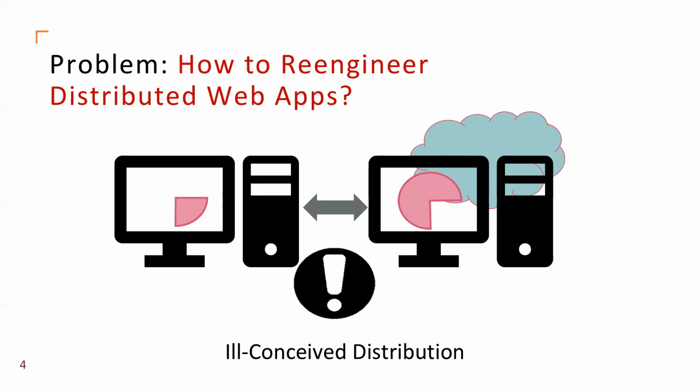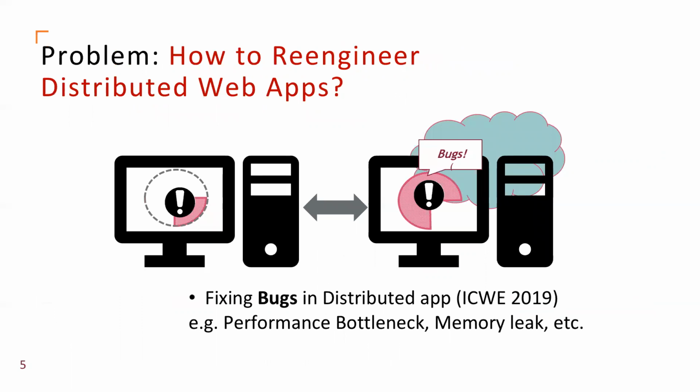So what if the distribution is ill-conceived? How do we re-engineer a distributed application to fix this kind of problem? For instance, what if there are bugs in a distributed application? How do we fix them? The distribution complicates the debugging task.